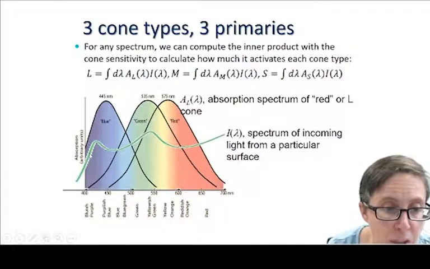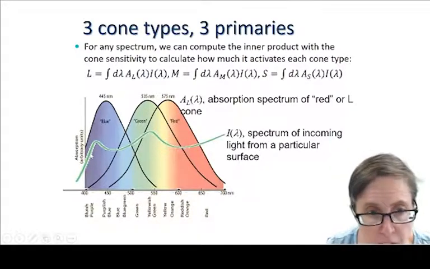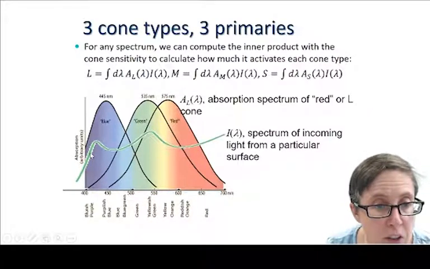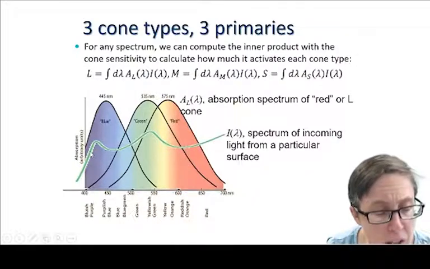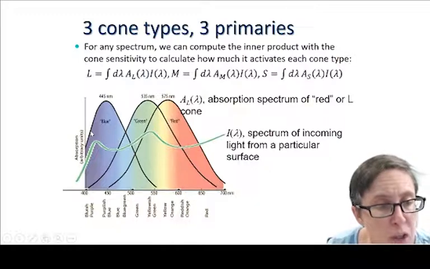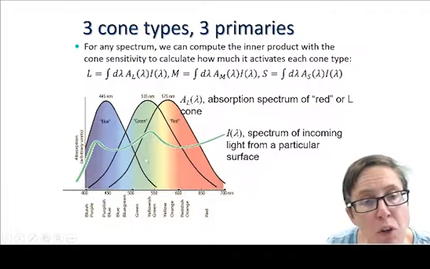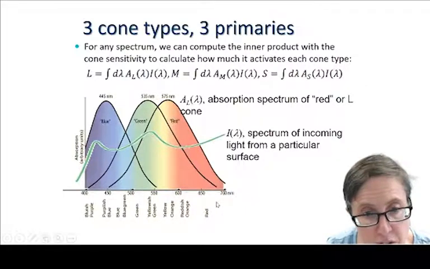And then you go to the next wavelength, like 402, let's say. Again, you find out how much energy the spectrum has of that wavelength, how sensitive the cone is, multiply the two together and add them up and keep on going. And you do that over all the wavelengths that are present in the image.